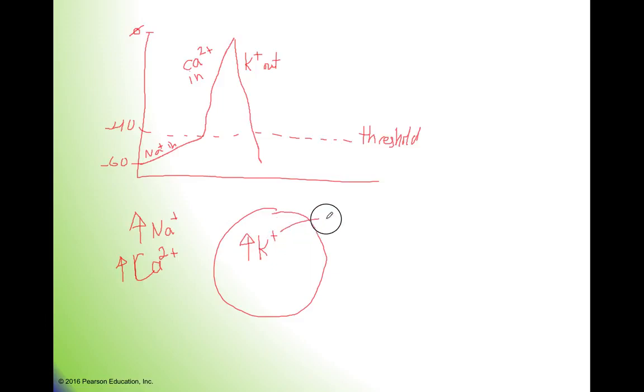So potassium is always going to leave, with the exception of the sodium potassium pump, and both sodium and calcium are going to come in. These 2 ions associate with depolarization in some phases or in both. And potassium is always going to cause the repolarization, as you lose positive charge from your cell.